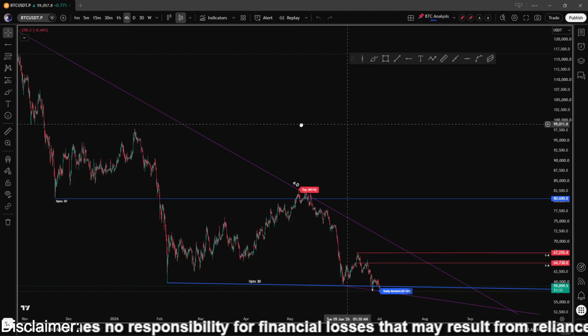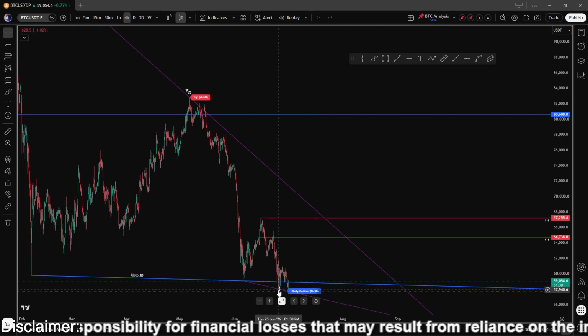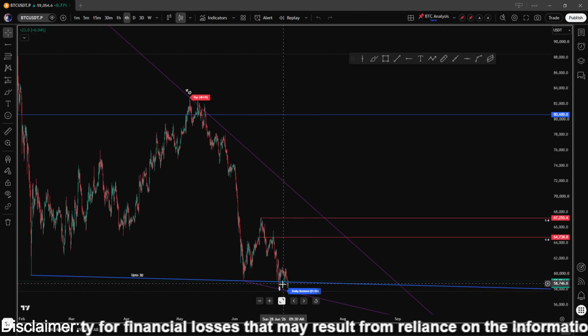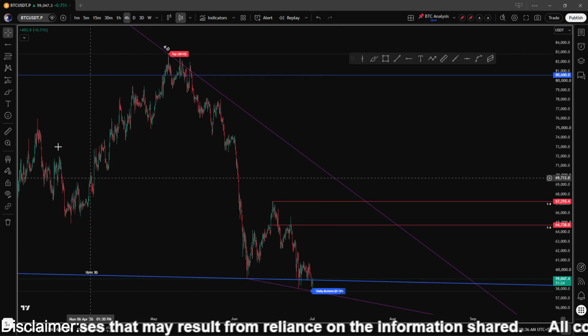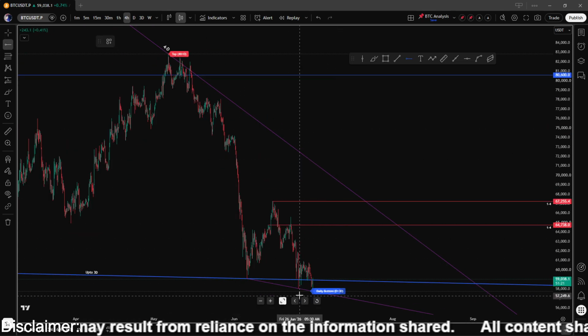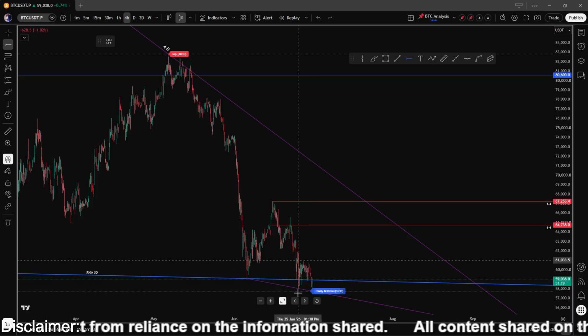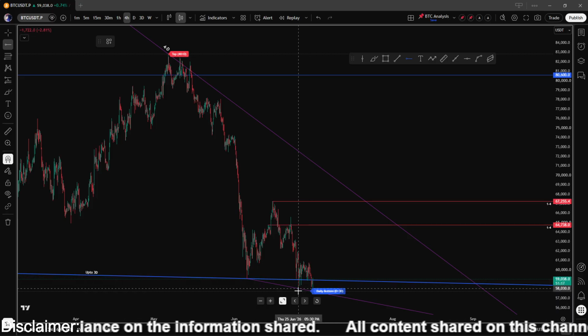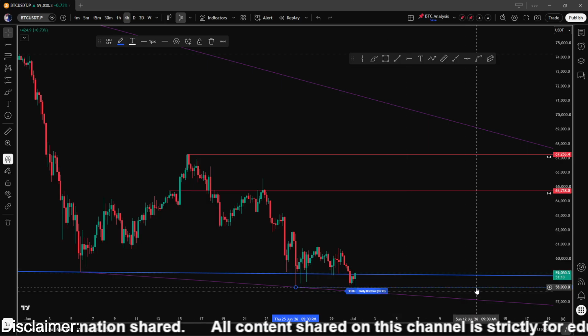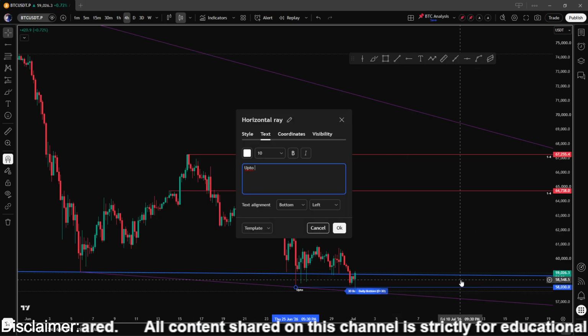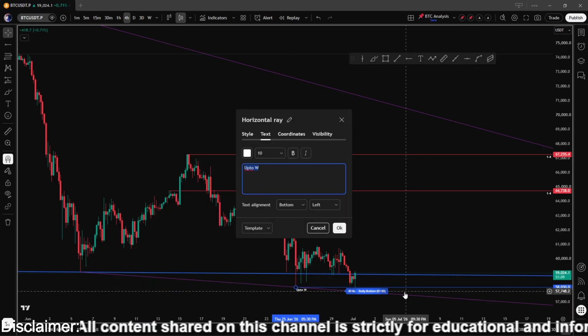So this bottom includes up to weekly, okay?